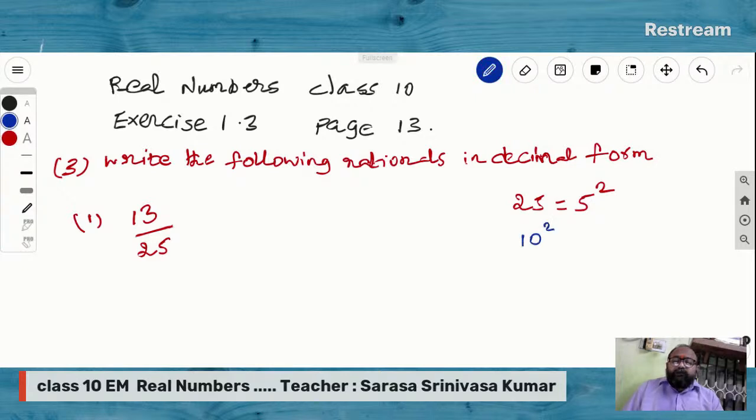To get 10 square in the denominator, 5 square must be multiplied by 2 square.